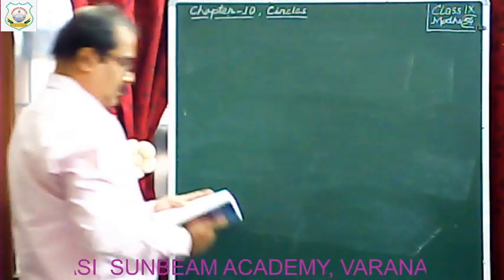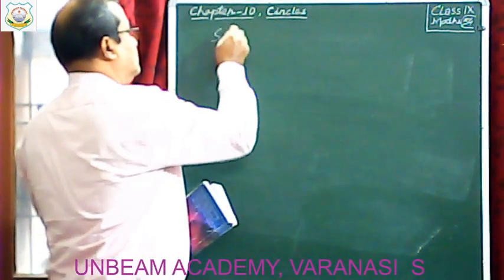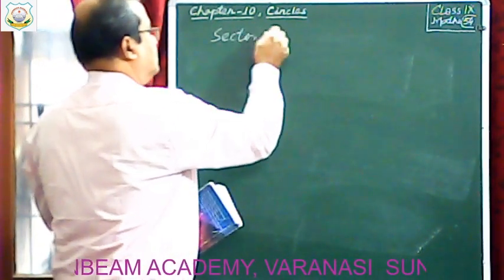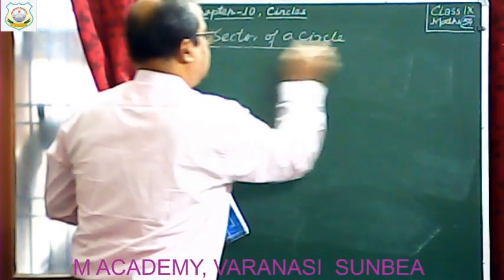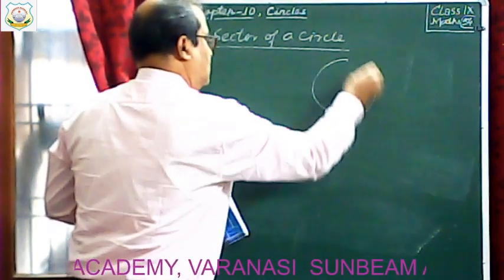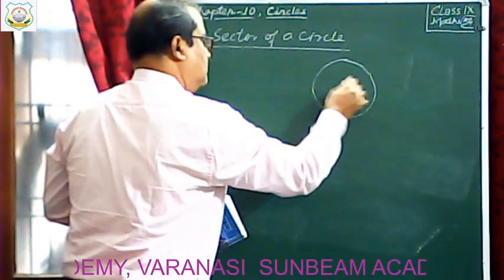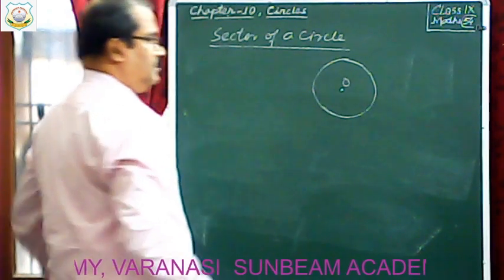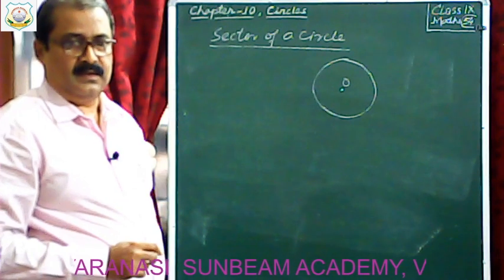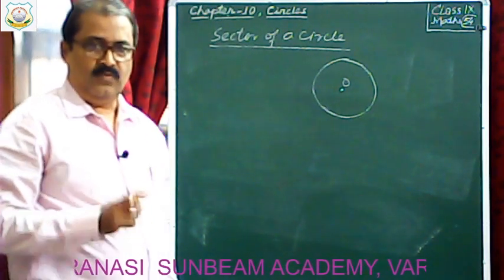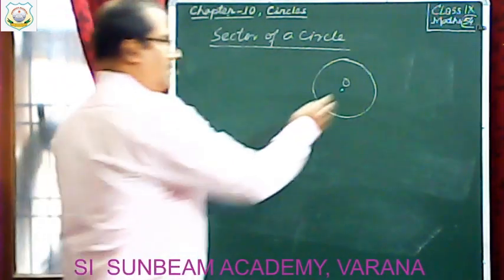Sector of a circle. Region bounded by two radii of a circle. Draw two radii.